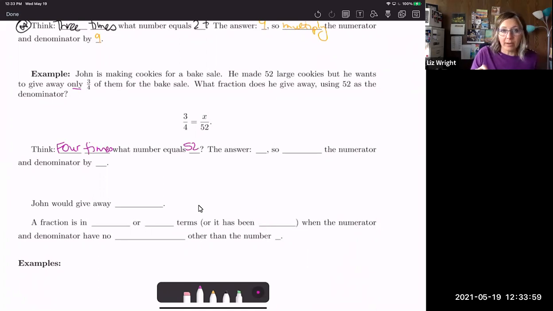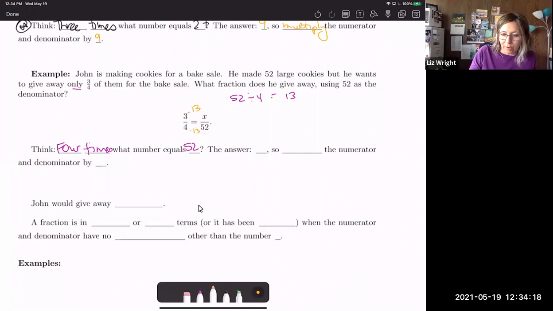And so you can put it in your calculator if you want to. You can do some trial and error. So you could say, what is 52 divided by 4? And that should give us 13. So then that means 4 times 13 is going to give me 52. Well, that means 3 times 13 is going to give me 39.